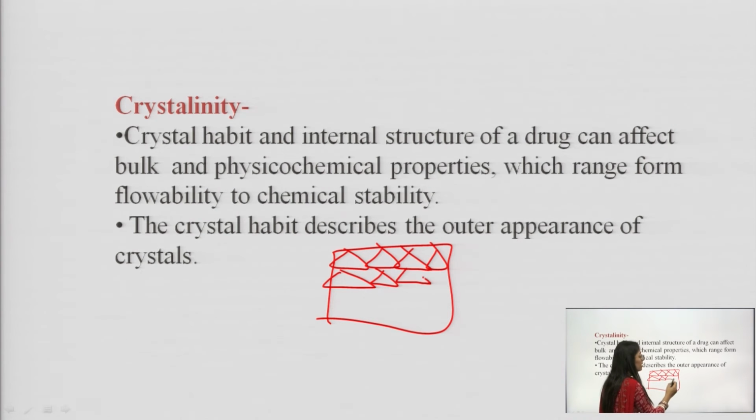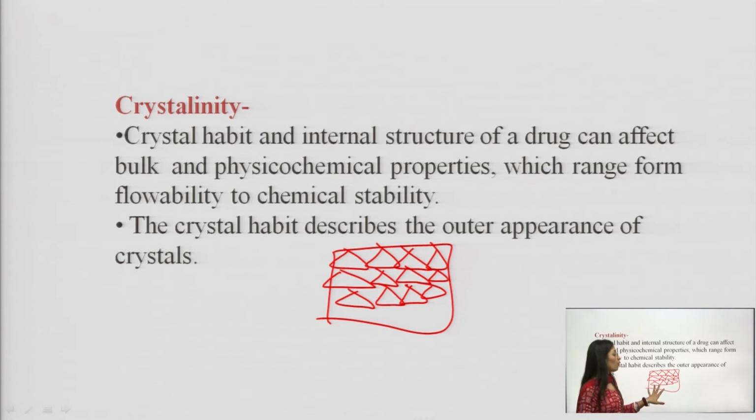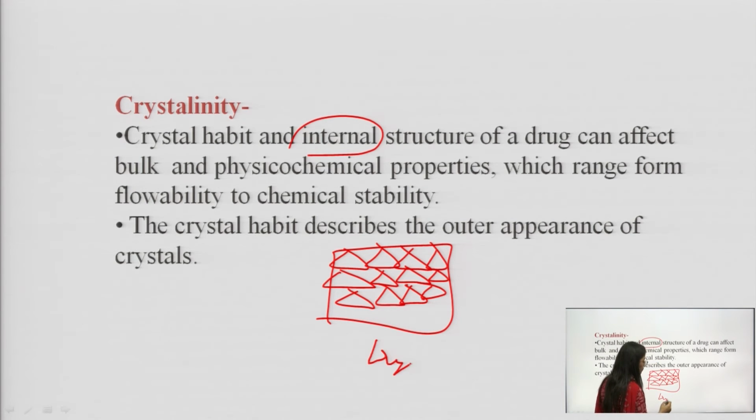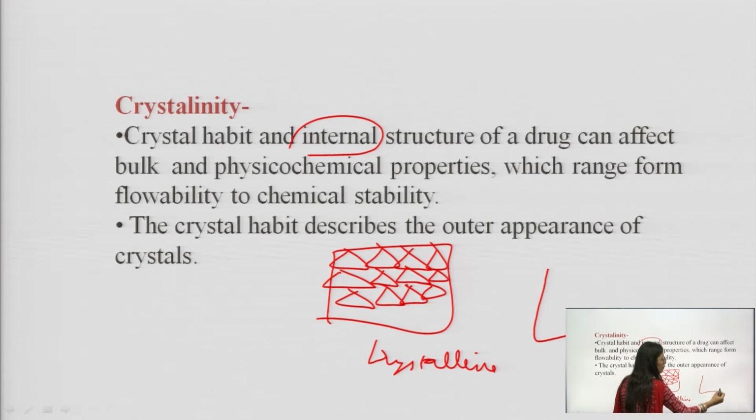You can see it's a very regular, very symmetrical diagram. Why did I draw this? Because the internal structure of a drug can affect this particular profile. This is called crystalline. Okay, and what is amorphous? Amorphous means irregular structure, like this is a very irregular arrangement. This is called amorphous. Okay.